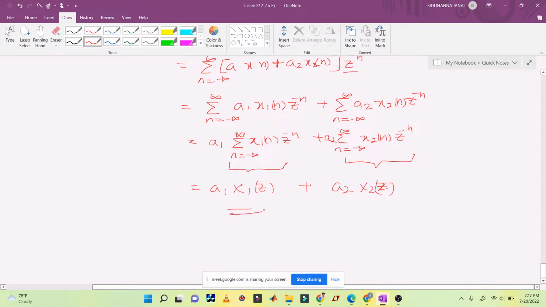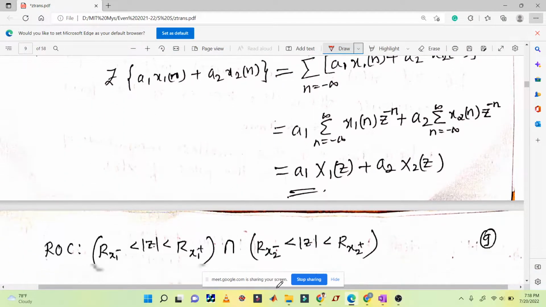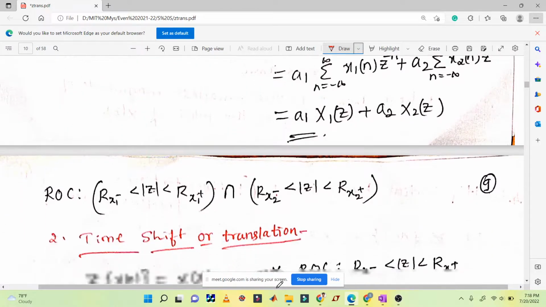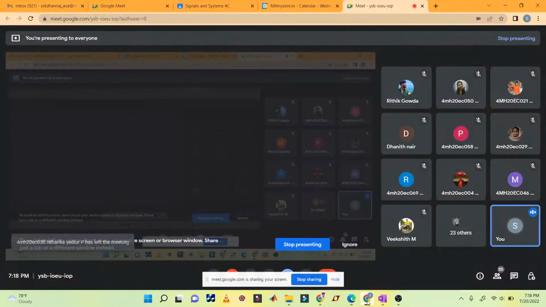So thus the linearity property is proved. Is that clear? Any doubts regarding this? ROC, as I have told, is the intersection between ROC of the first term and the second term, that is the first signal x1 of n and x2 of n. Please let me know any doubts regarding this.